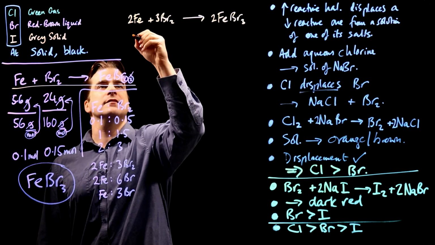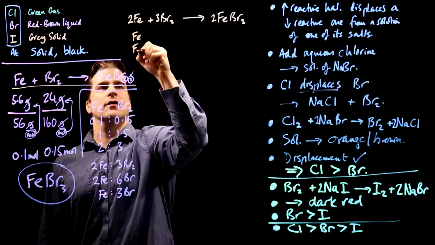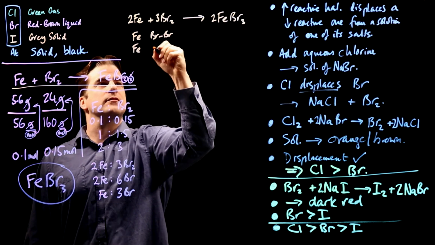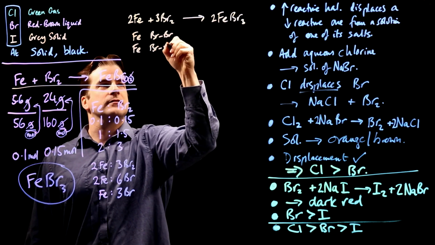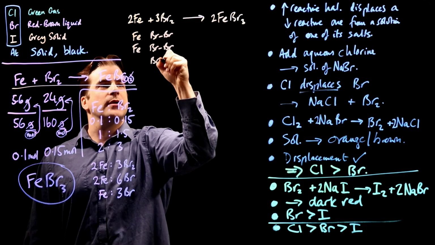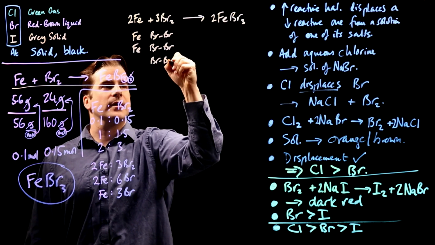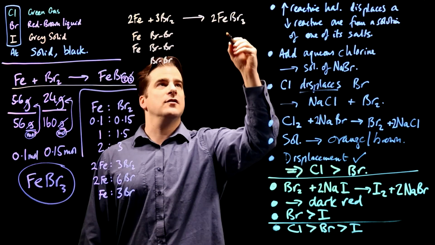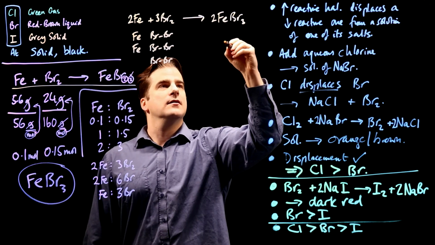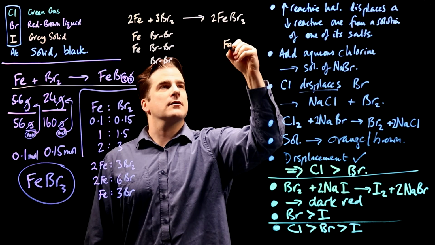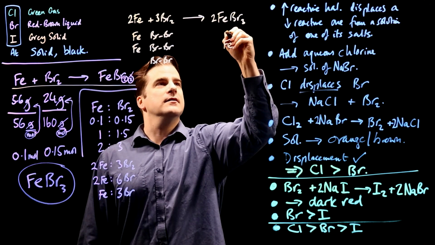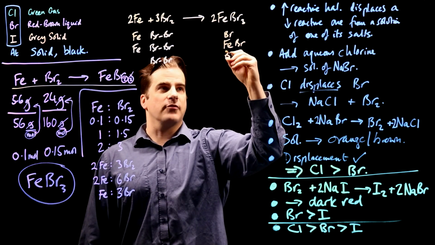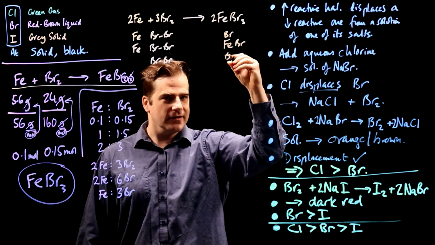So you've got 2 irons, like so. Okay, 3 Br2s, which looks like this. Br2, elemental bromine, is a diatomic molecule. Okay, it's making 2 iron bromides. So it's an iron with 3 bromine or bromide ions, not iron.